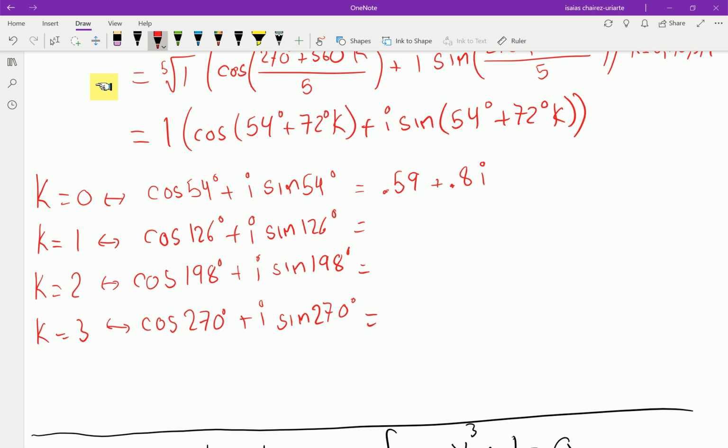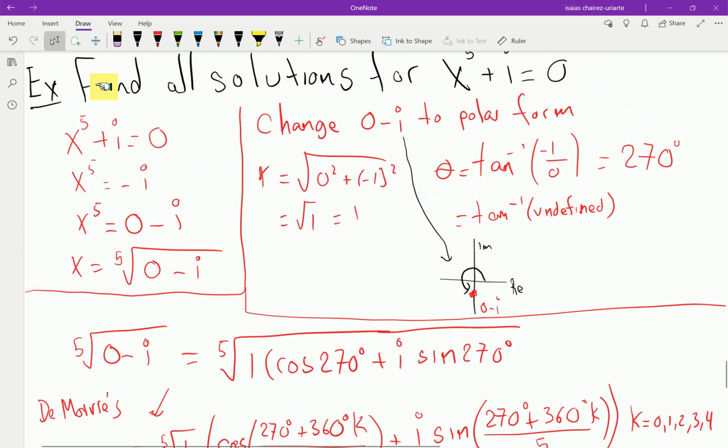I know that cosine of 270 is 0 and sine of 270 is -1, so 0 minus i. If k is equal to 4, I have cosine of 342 plus i sine of 342, which has a corresponding rectangular form. So those are my 5 roots. Those are the 5 roots that I'm looking for.